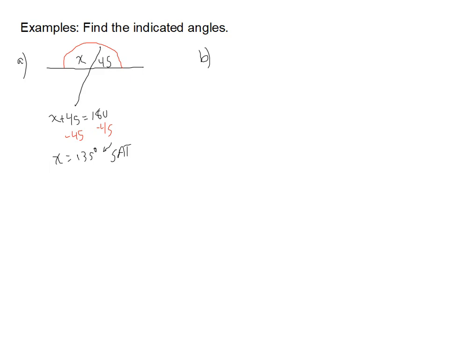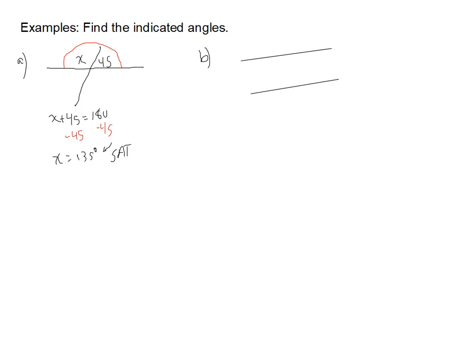This one will have a couple of parallel lines. See if I can make these parallel. There we go, somewhere around there. And we'll have a transversal coming down this way. Actually, you know what? I don't want a transversal.